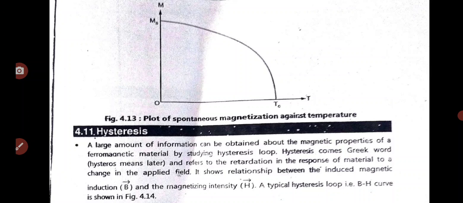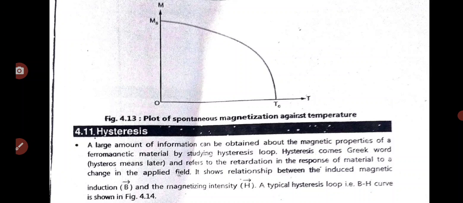And if we remove this external magnetic field, then what property changes is also shown by the BH curve. The magnetic field induction B has the unit Tesla, and the magnetizing intensity is H. The typical hysteresis loop, the BH curve, is shown in the figure.